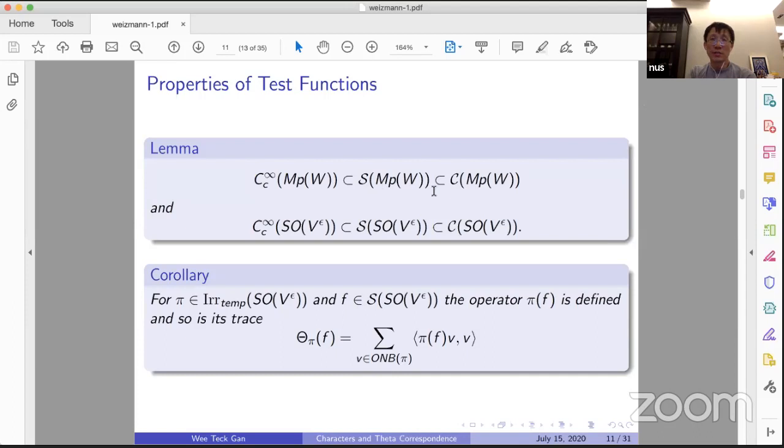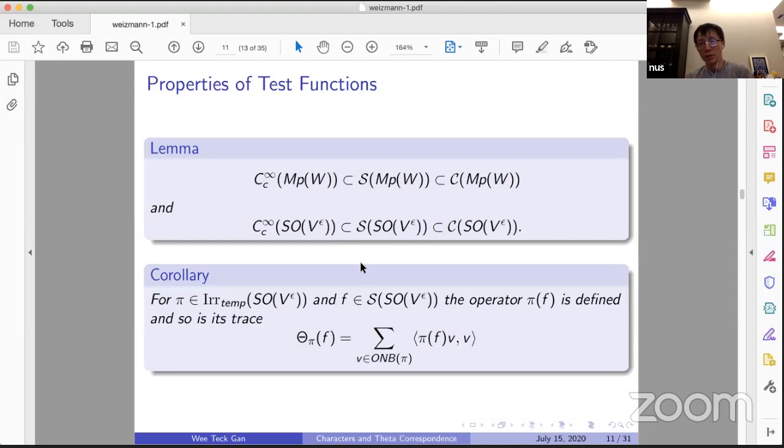The functions themselves are contained in a Harish-Chandra Schwartz space, and they are sufficiently big to contain all compactly supported smooth functions. So it is somehow valid to call these functions test functions, because you at least want them to contain the compactly supported functions, but they are not much bigger because they are still contained in the Harish-Chandra Schwartz space. Likewise on the orthogonal side.